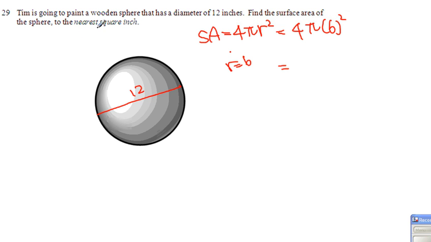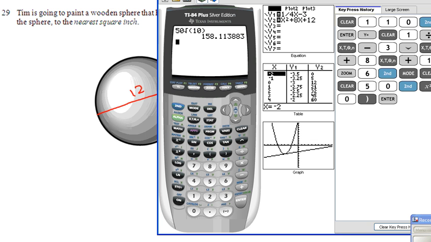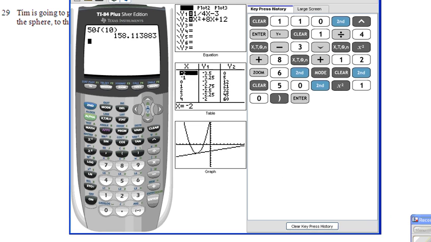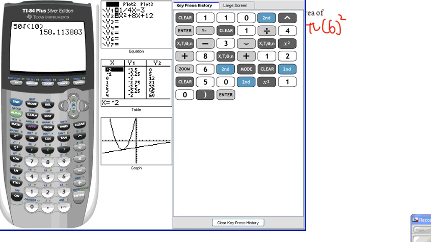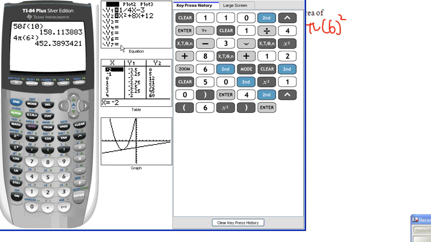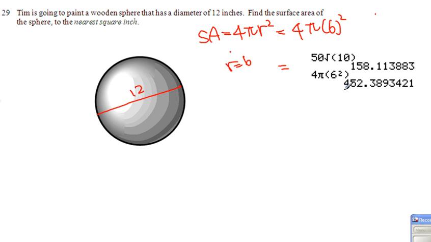Now, they want us to have it to the nearest square inch. So 4 pi r squared, here r is 6, so 6 squared. Then that is equal to 452.